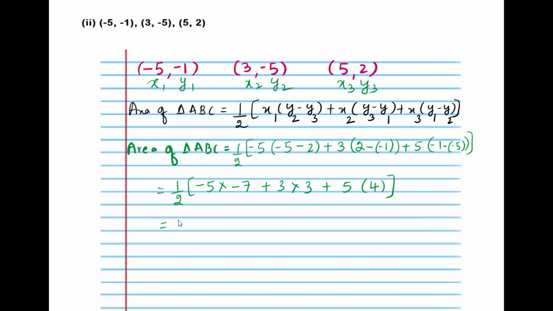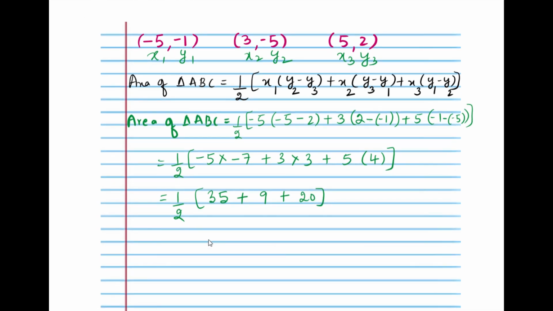Now area of triangle ABC equals half into minus plus, 5 times 7 is 35 plus 3 into 3 is what? 9 plus 5 into 4 is 20. Now what we get?